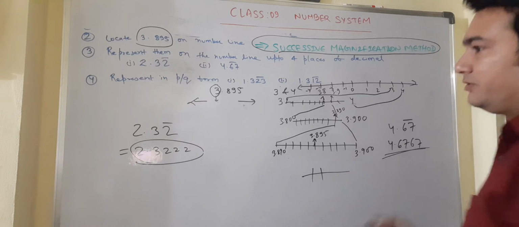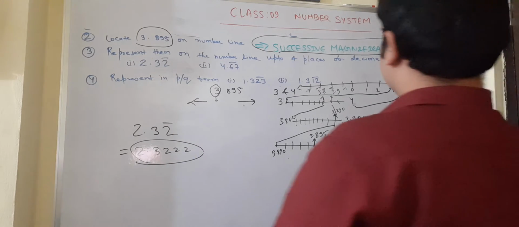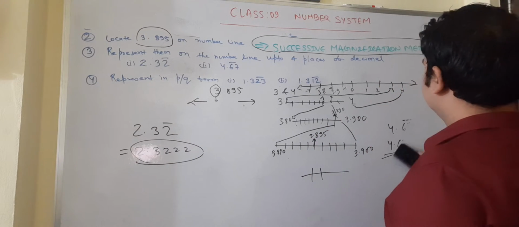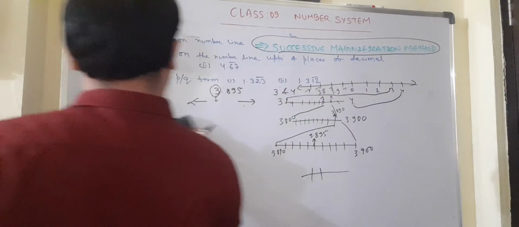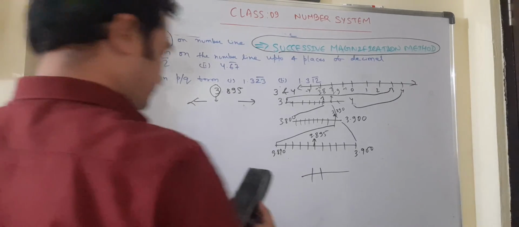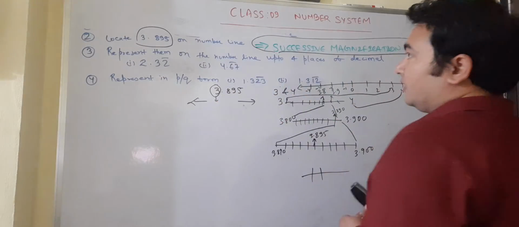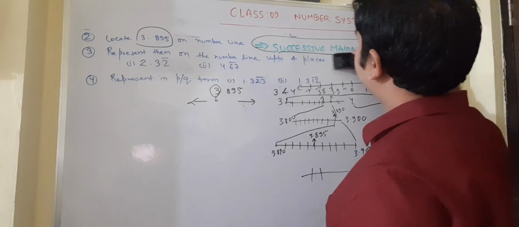The question is asking to represent this number. Again, you can use the successive magnification method. Again, repeating how you will represent it. So if you solve this question number 2, question number 3 is already solved.